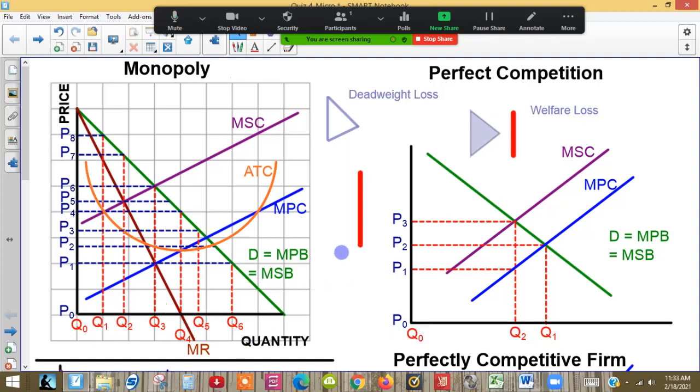Now, when you think about perfect competition, you've got the market, which looks like this, with a downward sloping demand and your upward sloping supply or marginal cost.